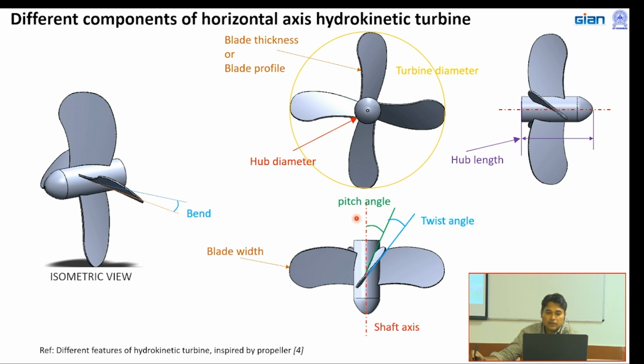Now it is looking like this. Along with this, there is a pitch angle. The pitch angle is the angle after giving the total rotation about this axial rotation. Now if you keep this part fixed and twist the top part, then that will be the twisting angle.